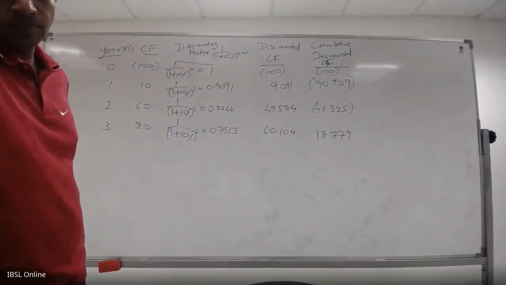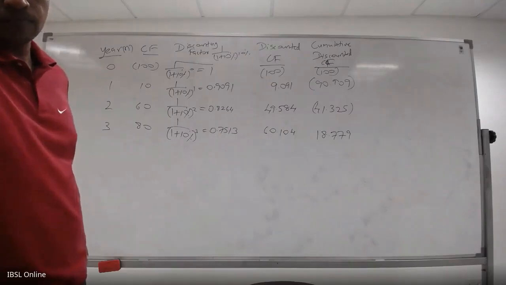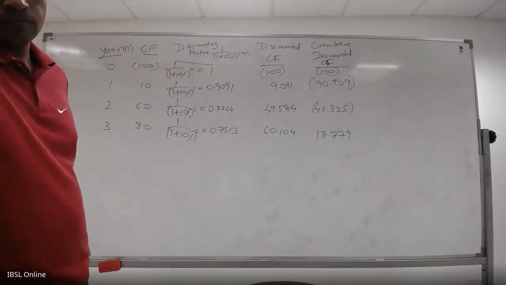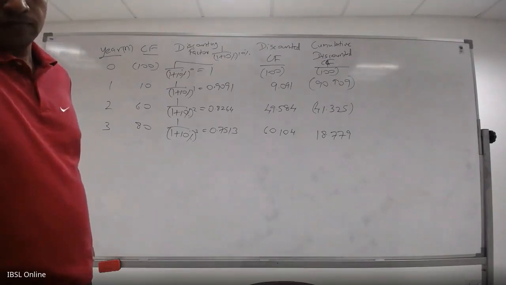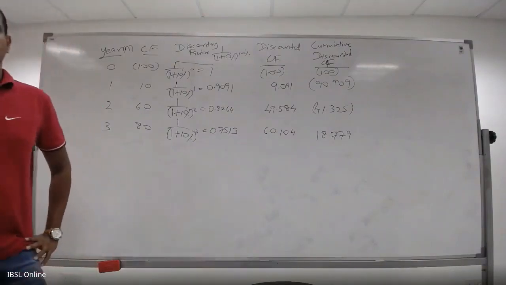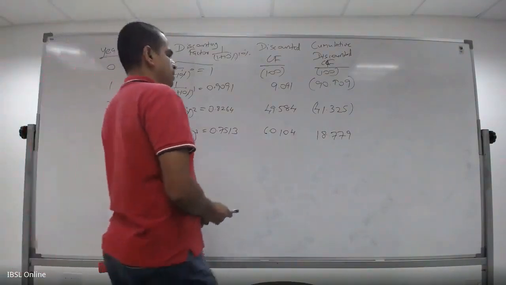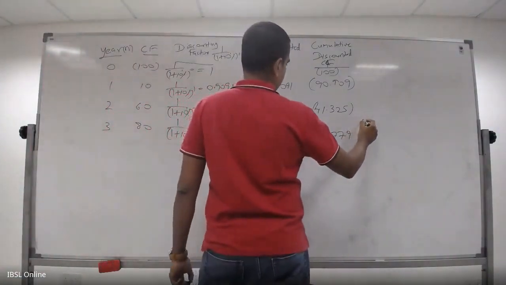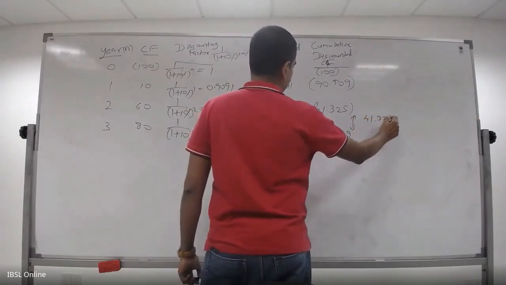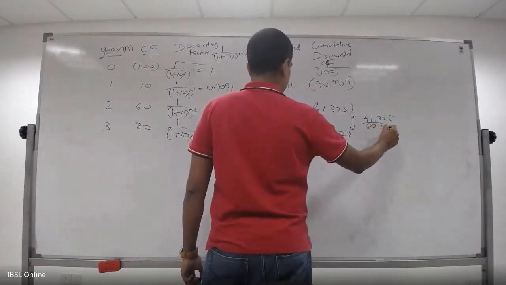Isn't it? Right, so your payback comes between the second and third year. You're short of 41,325, and that year you get 60.104.